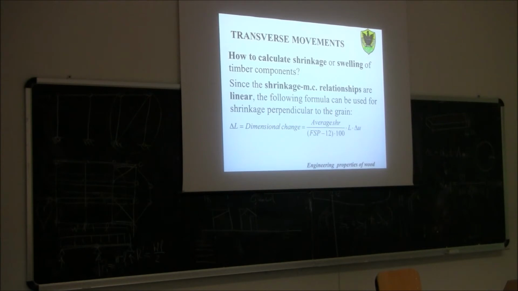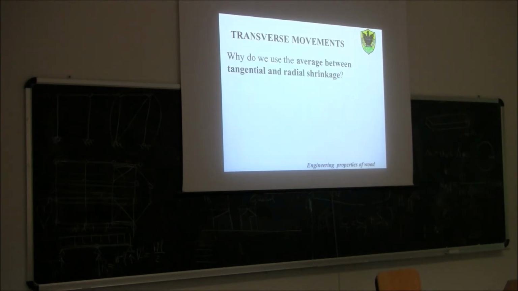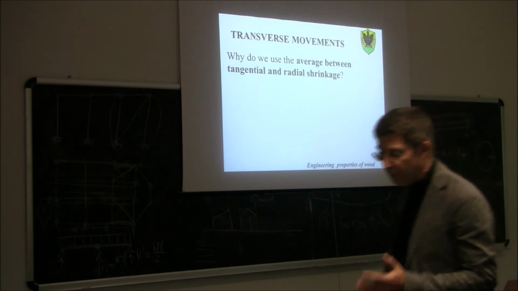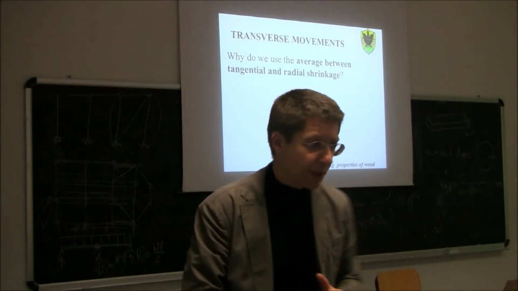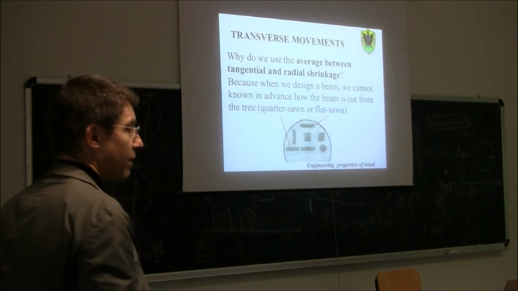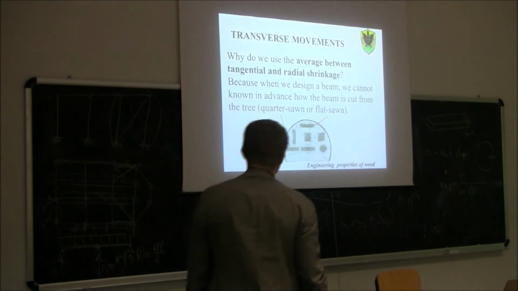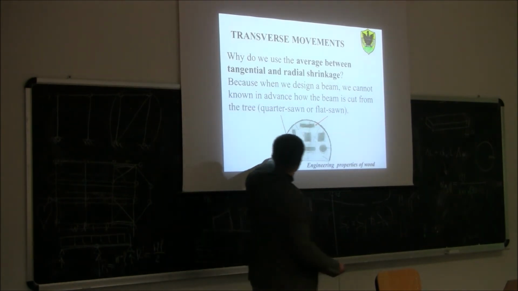Why do we use the average shrinkage, not the specific value of shrinkage in the radial direction or in the tangential direction? Because we cannot know a priori how our piece of wood will be cut from the tree. As you can see here, suppose that we are going to use a cross section like this.